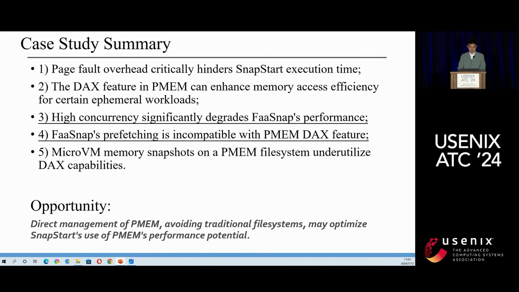Number four, FaaSnap's prefetching is incompatible with the PM DAX feature. Number five, MicroVM memory snapshots on a PM file system underutilize DAX capabilities. So our opportunity is that directly managing PM, avoiding the traditional file system, may optimize SnapStart's use of PM's performance potential.